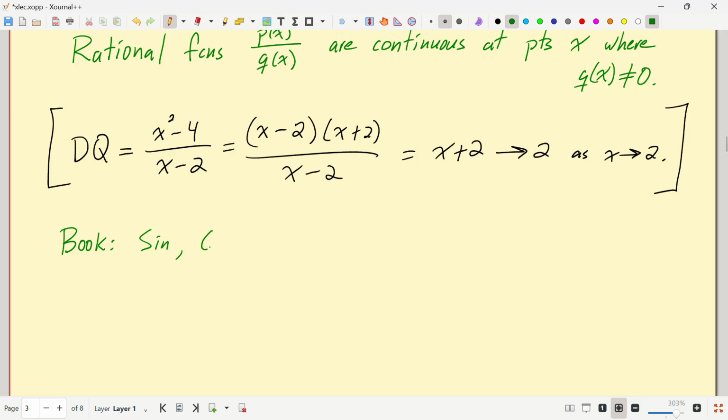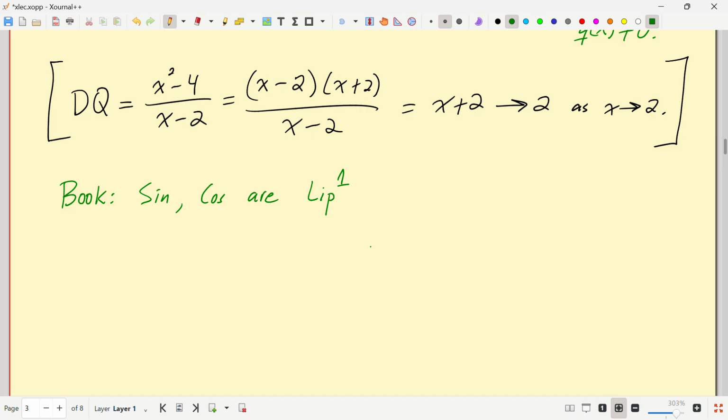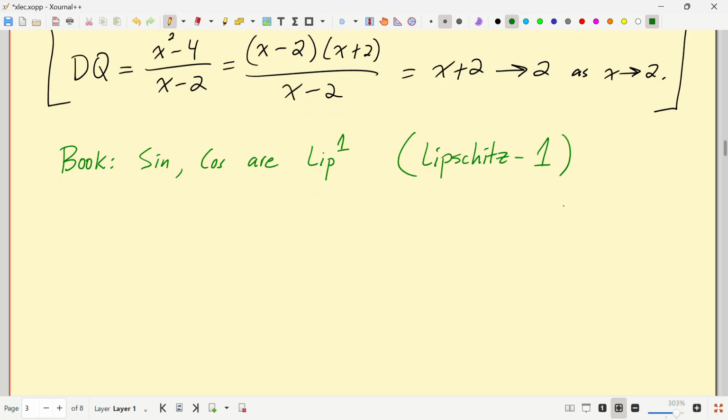Sine and cosine are what's called Lipschitz 1, Lip 1, which is short for Lipschitz. And consequently, they're continuous.